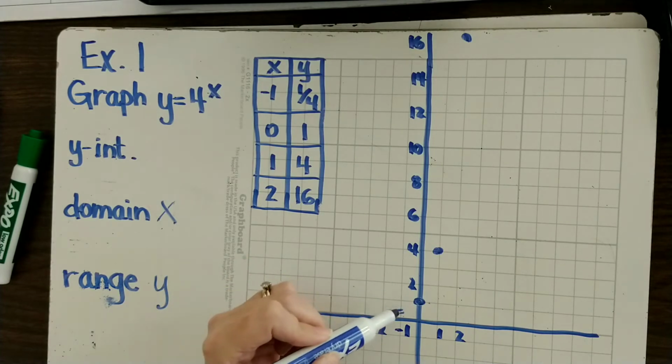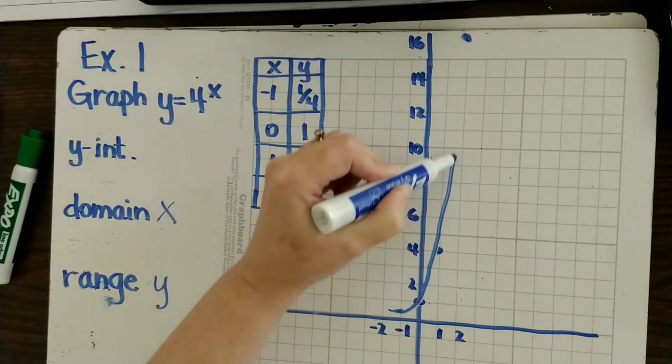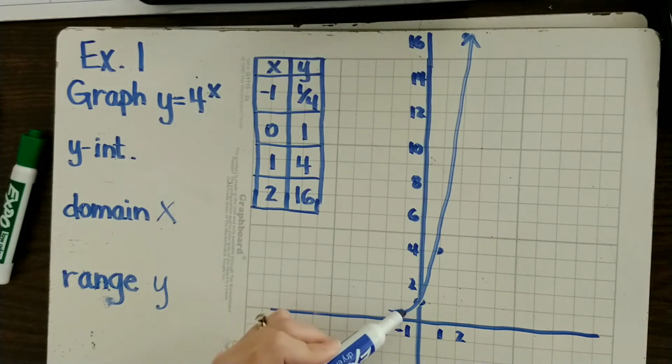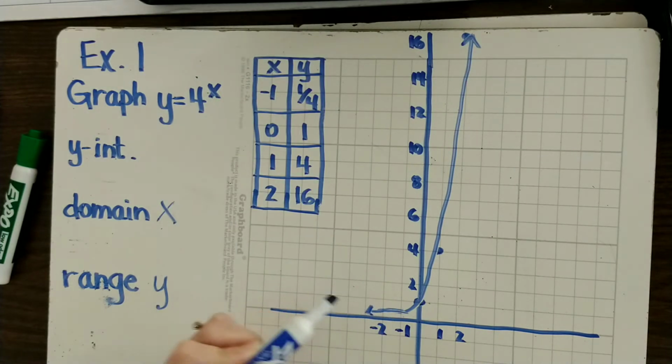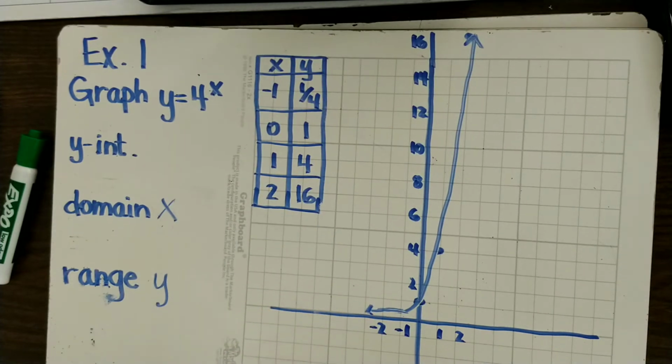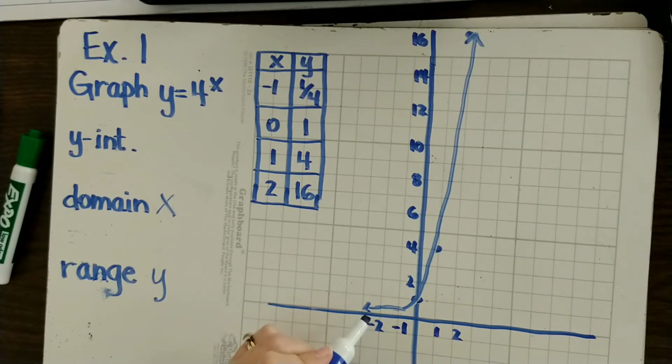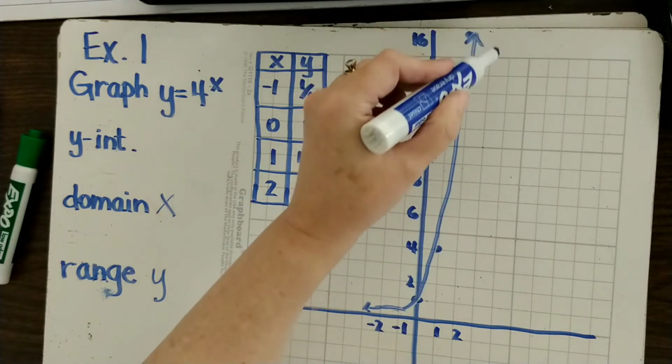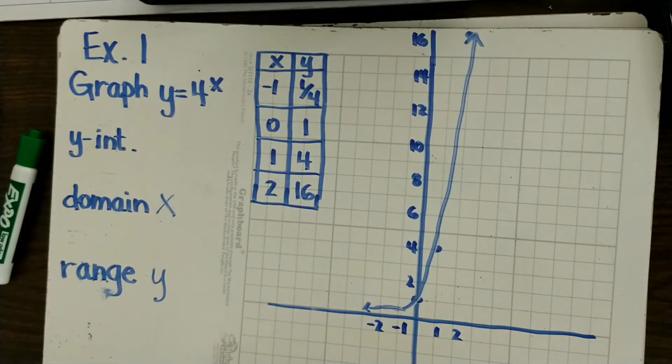Go ahead and connect your points. And what do you notice about exponential growth? Starts out small, and since it's increasing by a certain percent, it gets large very quickly.